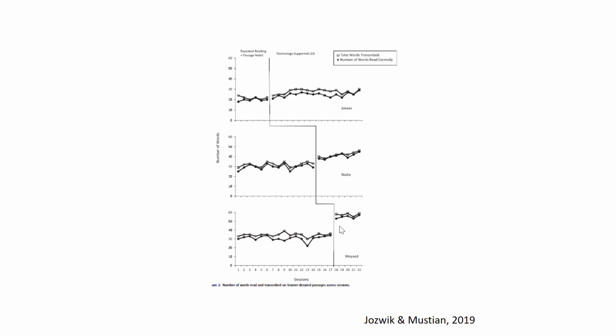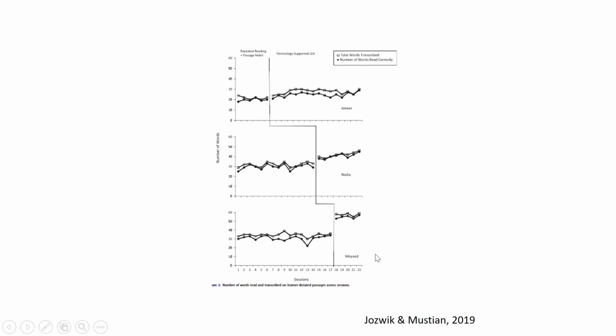So the first level of randomization that we did is fairly simple. We took all participants' names, put them in a hat, pulled out the first name, and that first name was Amir. He was our first participant to begin the intervention without replacing his name. The second name we pulled out was Nadia's. She was the second tier participant here, and finally Moyed was the third tier participant.